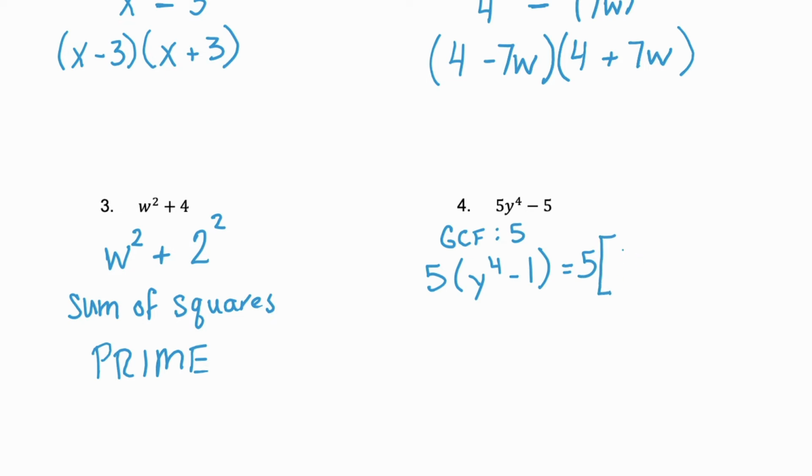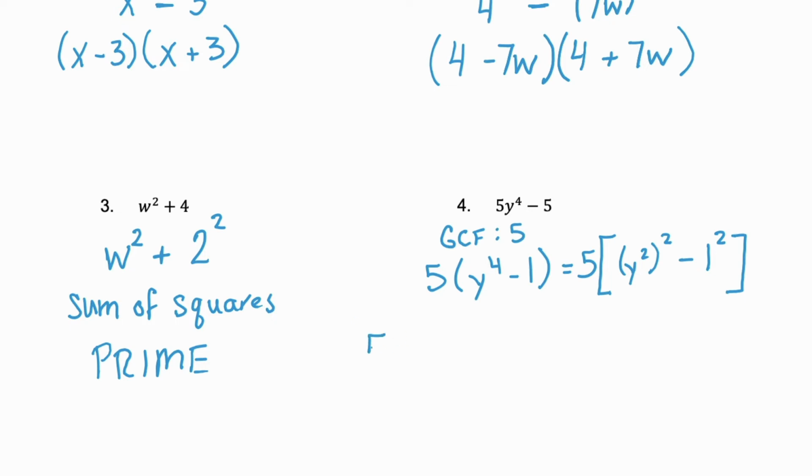We're going to put some brackets now. Y to the 4th, well, that's the same as y squared squared. And what about 1? Well, 1 squared is still 1. That's one of our sneaky values, 1. 1 squared is always 1. So we have a difference of squares here, the y squared and the 1.